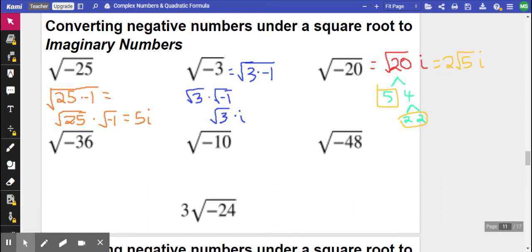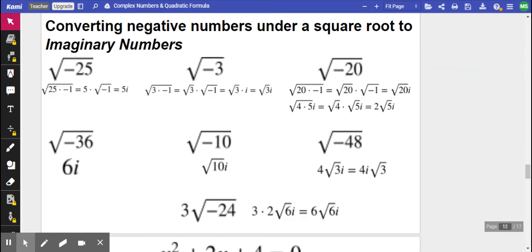So now using these examples, I'd like you guys to try the next 4 on your own and see what you would get as a simplified answer with i involved, and we'll have imaginary number answers. So you can see, looking through the bottom part, square root of -36 would end up as 6i. The square root of -10 would end up as root 10 times i.